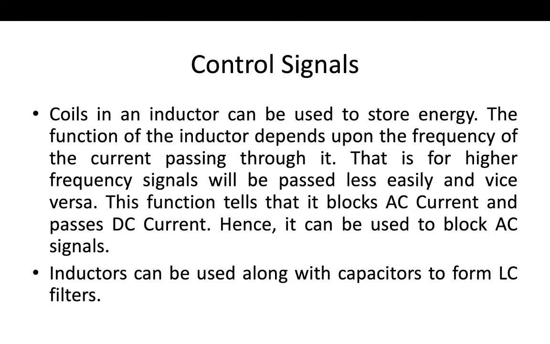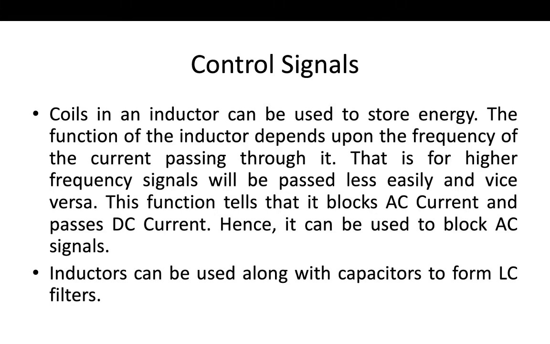But in electronics, we use filters to filter or control different types of current, AC current or DC current. Mostly the function of that controlling is that it blocks the AC current, and DC current will pass through it.